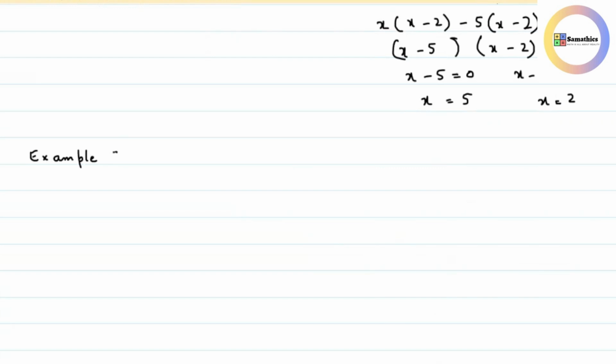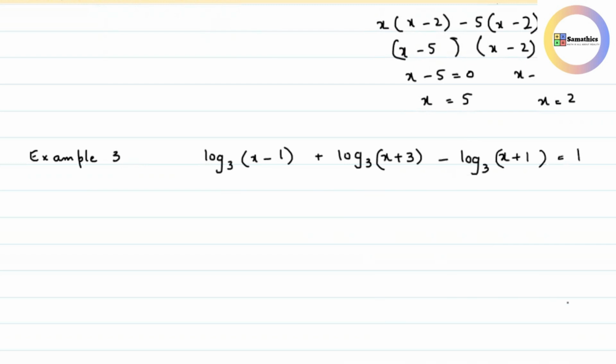We have log to the base 3 of x minus 1 plus log to the base 3 of x plus 3 and then minus log to the base 3 of x plus 1 is equal to 1, right? Now, in this case, we have 1 here.